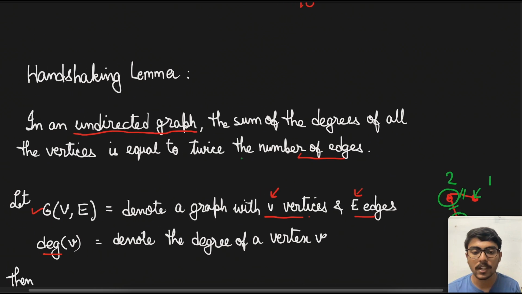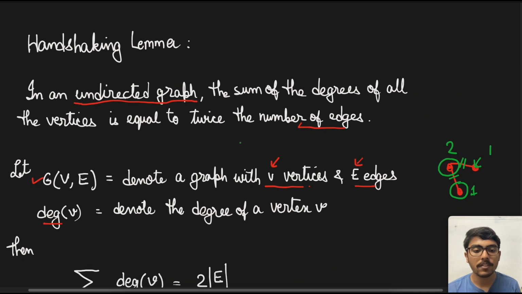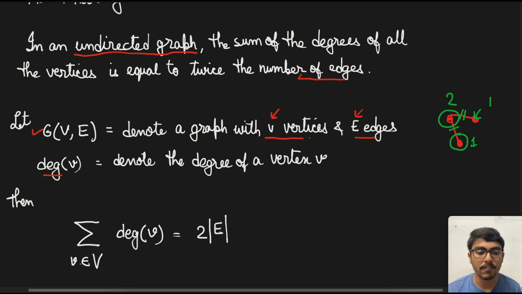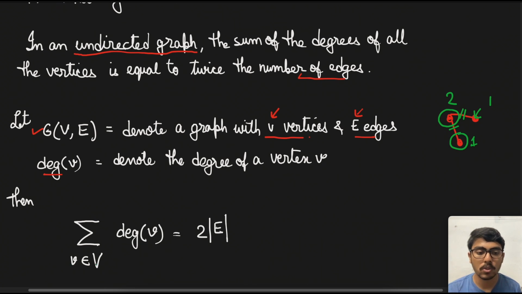So this is what degree of a vertex means. Then we have this expression which says summation of small v belonging to capital V, degree of small v is equal to 2 times the number of edges. This modulus is just denoting the number of edges, so don't confuse it. The degree is taken as a sum over all the vertices present in the graph.